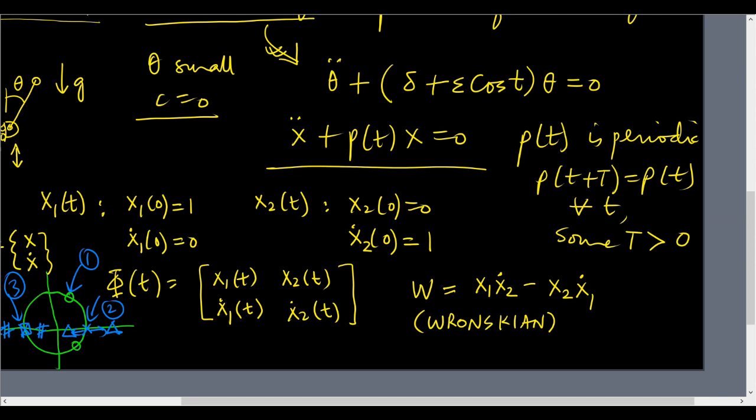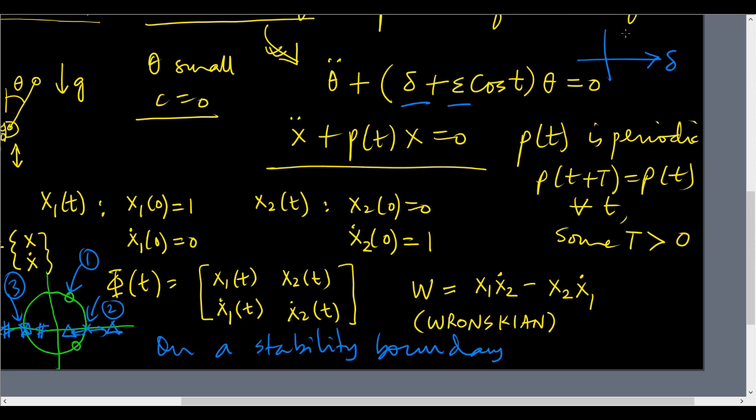Therefore, on a stability boundary, and I will clarify this here, we can think of delta and epsilon as making a parameter plane, and we can think of regions where it is stable and regions where it is unstable, and there will be a stability boundary.